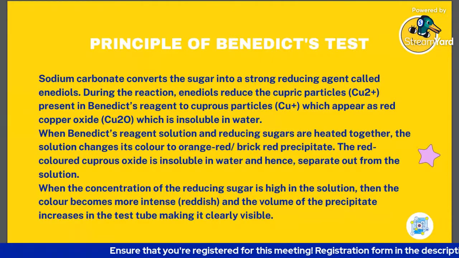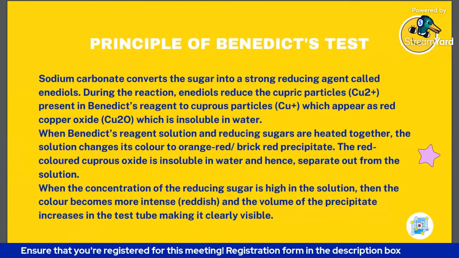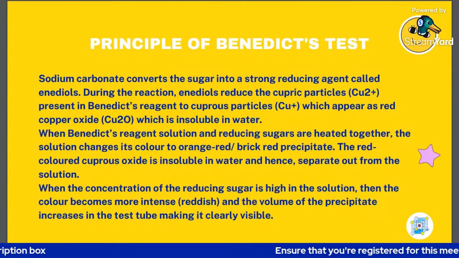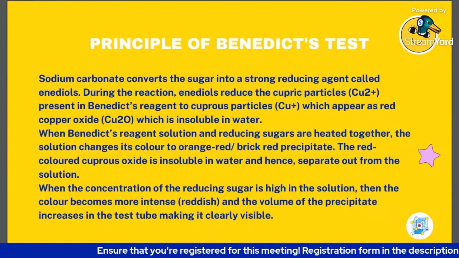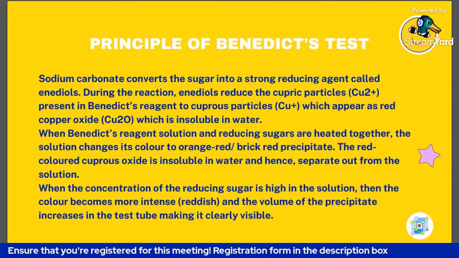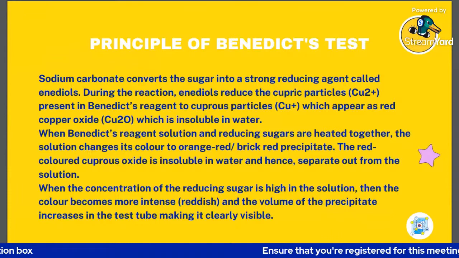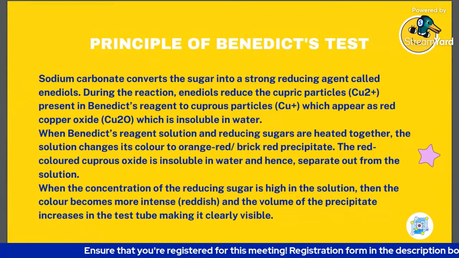So our sodium carbonate, as we said, provides an alkaline environment for the redox reaction to happen, and it converts the sugar into a strong reducing agent called enediol. During the reaction, the cupric particles, that's the copper 2+ ions, are reduced by the enediol, and it appears as copper oxide, which is insoluble in water.